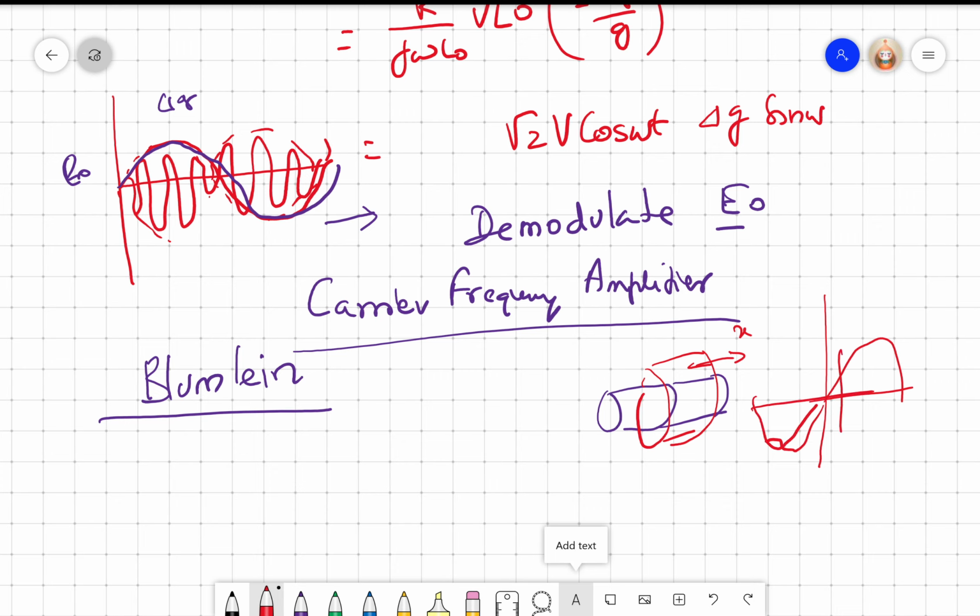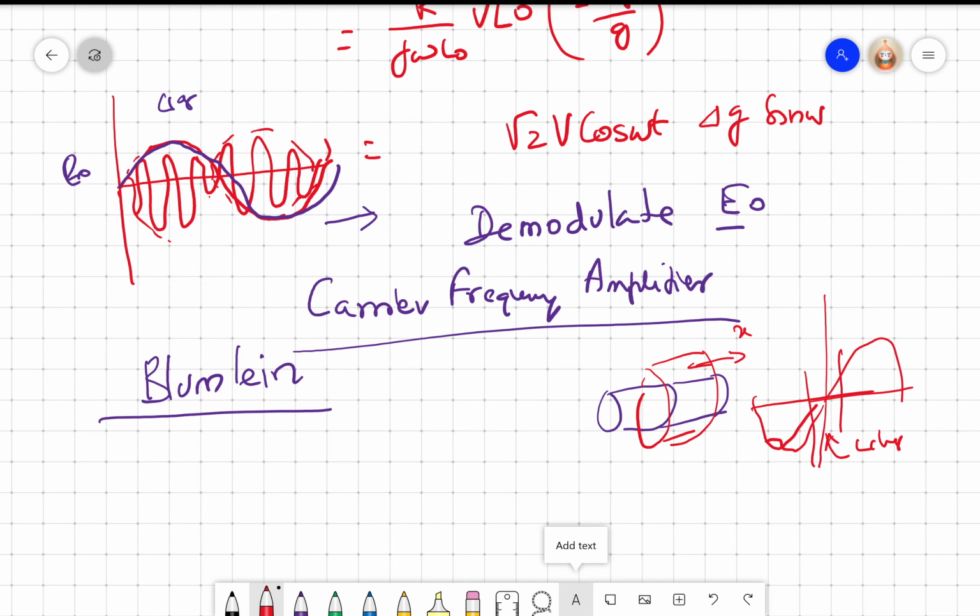And between this and this you can use the linear portion. But all these are only of academic interest. You will not be able to buy them from the market. What you can buy, of course, is the variable reluctance principle. I'll give an example of a variable reluctance pressure sensor, most probably in the next class.